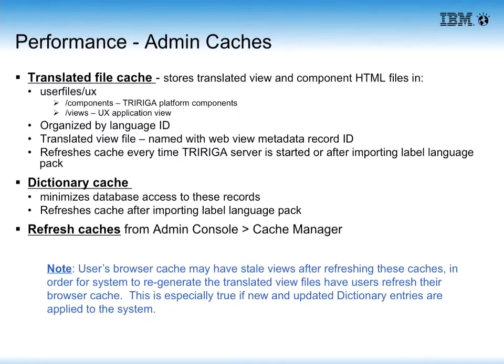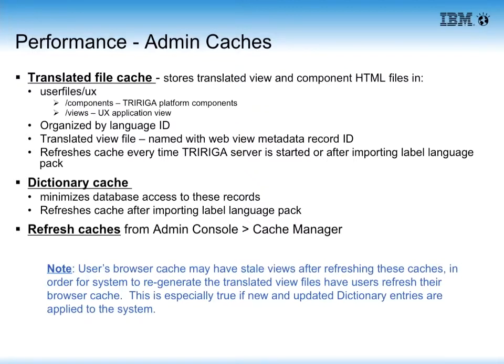All right, for performance. Aside from the user's web browser capability to cache static contents, including the translated UX view files, the platform is also enhanced to add these two caches to improve performance.